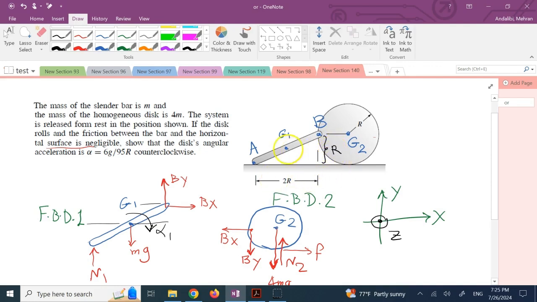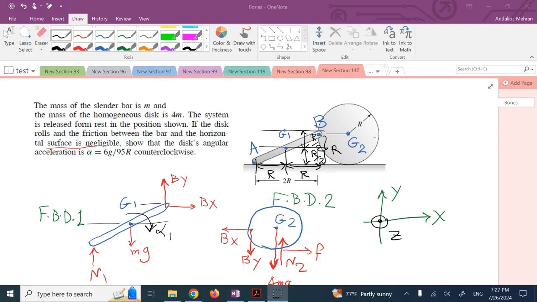That distance is 2r. So each one of these vertical distances, clearly they are r over 2 and r over 2. And each one of these, they are r and r. So this is r, this is r, this is r over 2, and this is r over 2.